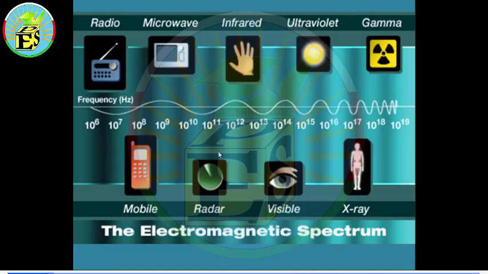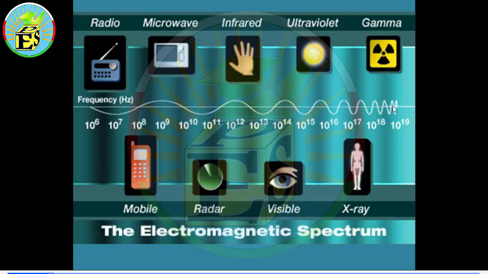Because electromagnetic waves consist of electric and magnetic fields, it means they can spread in space. This diagram shows the order of electromagnetic waves according to wavelength. The largest wavelengths start with radio waves, after that mobile waves, microwaves, radar waves, infrared waves, then visible waves, ultraviolet, X-rays and gamma rays.